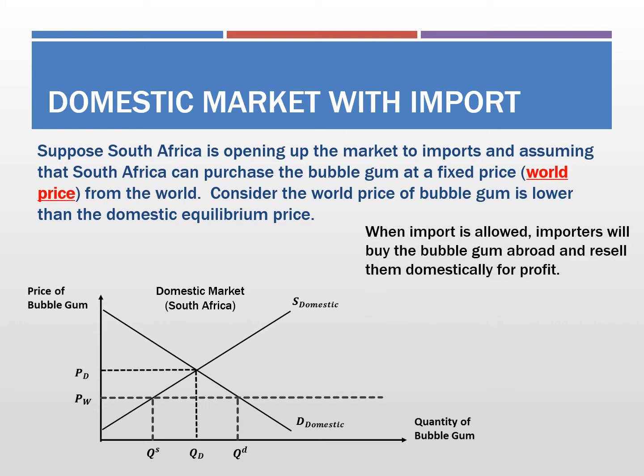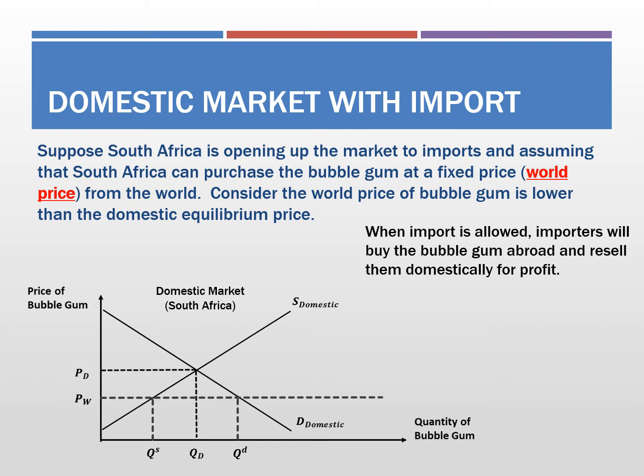So when import is allowed, the importer will buy the bubblegum from abroad and sell it domestically for profit. As you can see here, the world price of bubblegum is much lower. So you can imagine buying a pack of bubblegum in Germany, it only costs $2. But the people living in South Africa used to buy the bubblegum at $3 per pack.